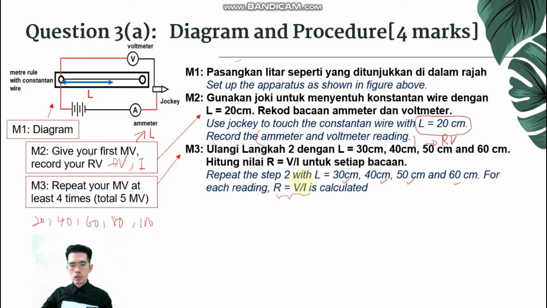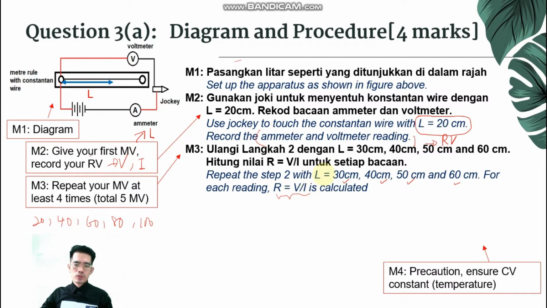Calculate your resistance with the formula V over I. The last will be the precaution, because the question asks us to give the procedure and also the precaution. The precaution here is that we want to ensure that our control variable, which is the temperature, is always constant and at a low temperature.